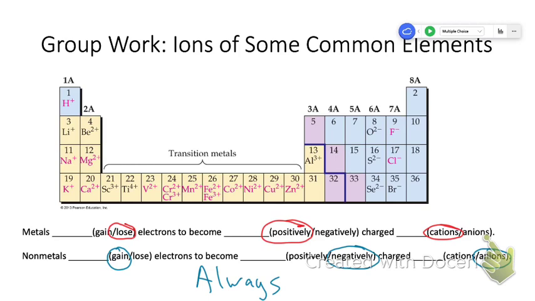But if we do find it as an ion, it's going to follow these rules. Oxygen, in most molecules you find it, has a 0 charge because it's sharing electrons. But if we do find it as an ion with something else, it is going to follow these rules. So about a third of the time we find nonmetals as ions, and these are the rules they follow. Just make sure you don't say that nonmetals always form negative ions. If they do form an ion, it will be negative.